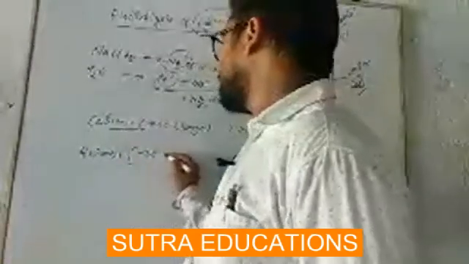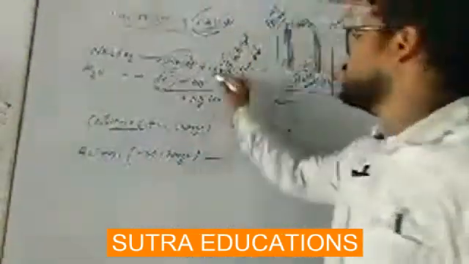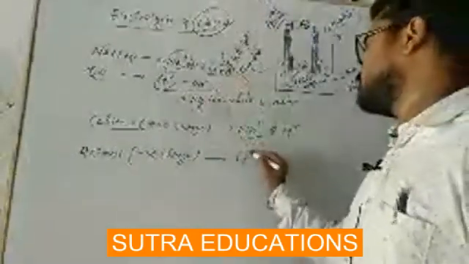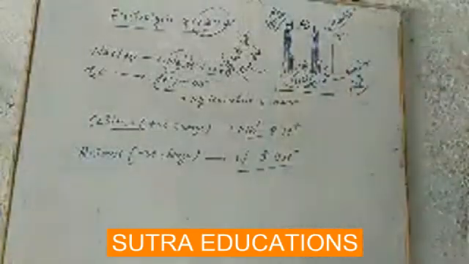Anions are negative charge. Anions we have are Cl minus and OH minus. Got it?